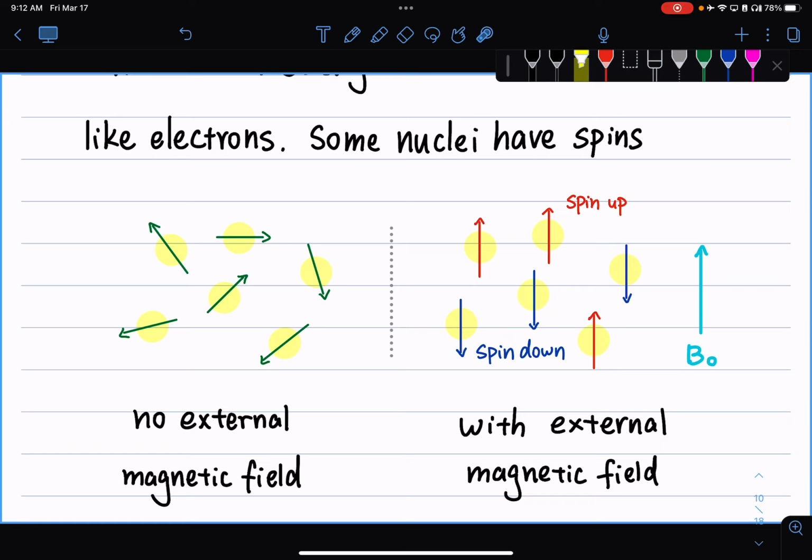Depending on how your nuclei or your electrons react to that external magnetic field, we can distribute them into two different types of particles, one spin up, one spin down. All right, so that's a quick review. We spent some time talking about electron spin before. Now the new concept here is that like electrons, nuclei can have spin as well.